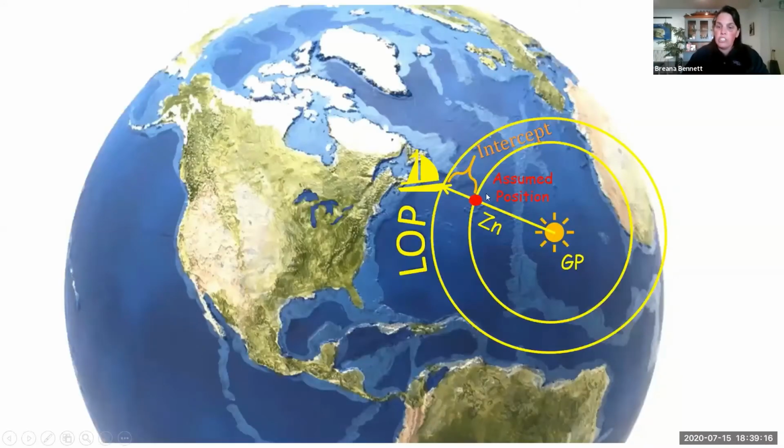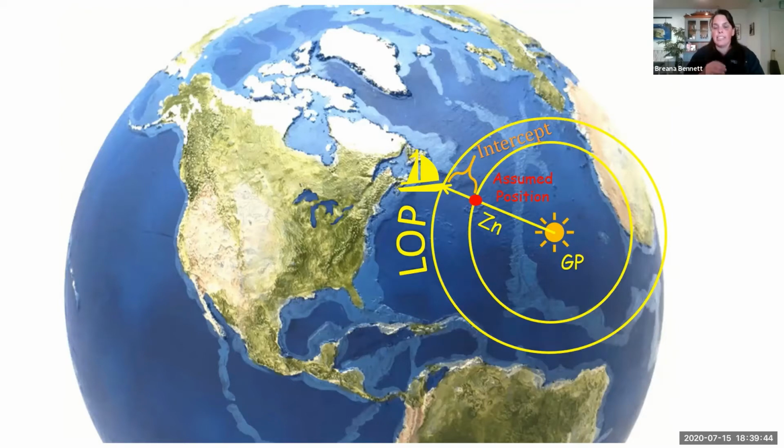So what we do is we create an assumed position, and then we create our bearing and our observed altitude from the assumed position. So we are creating a point that we can take a bearing and a range from. And we'll go into the assumed position, I think, in week 4, of how we get it and why we get it.